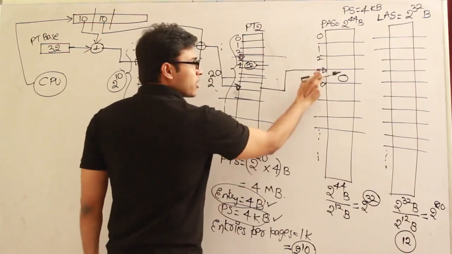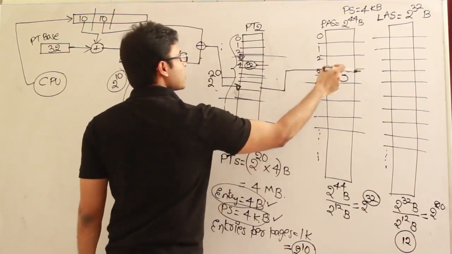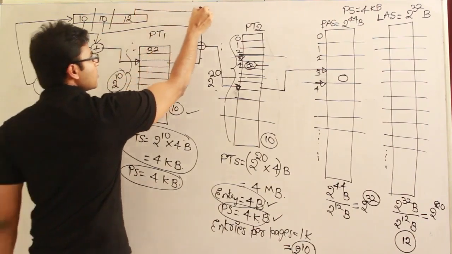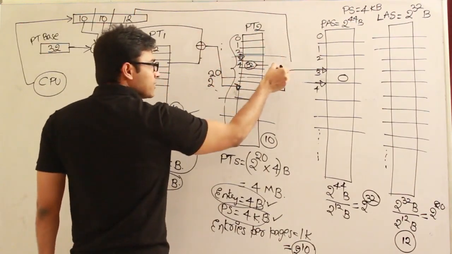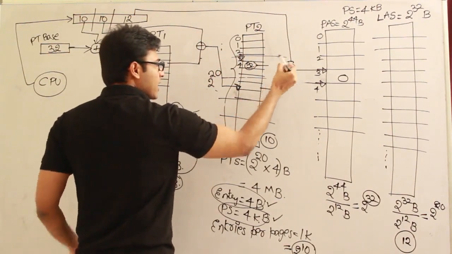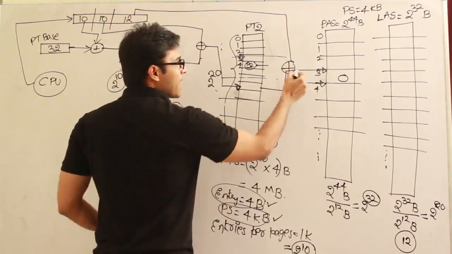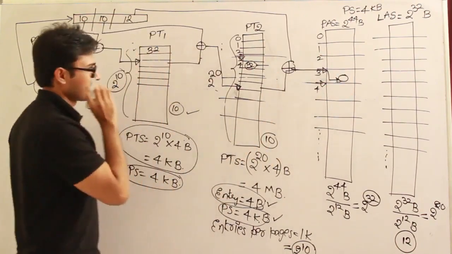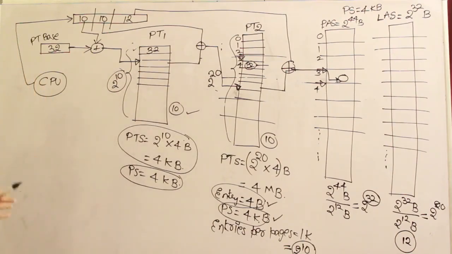So in order to identify this, how many bits are required? 12 bits. So the least significant 12 bits are going to be used, right? I'll take the base of the frame from here and add it to this, and by adding these two I can go to that particular byte and get it. Understood this? So this is how the entire procedure is going to work.